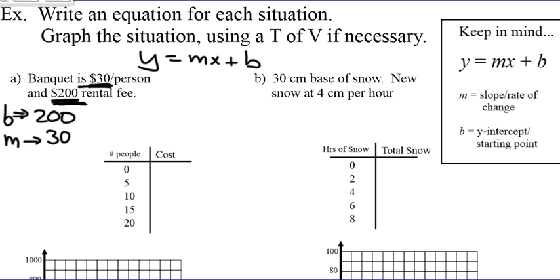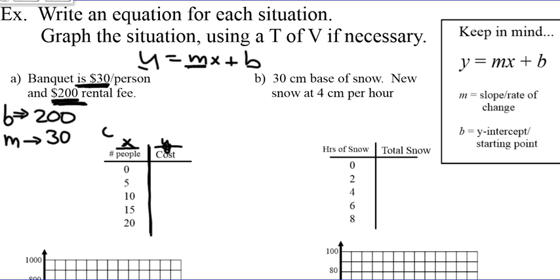Starting point, change that's occurring. So now I can create my equation, y equals, well, now I can put my slope in. 30 times x, which is the number of people. When I look at my table of values, x is the number of people and y is the cost. So I could even make this equation a little better.